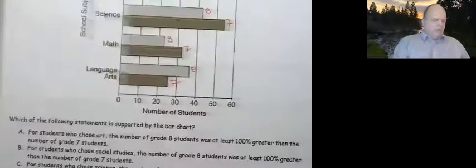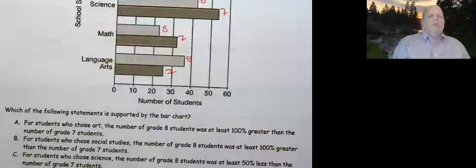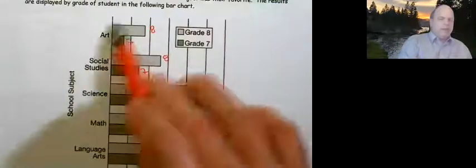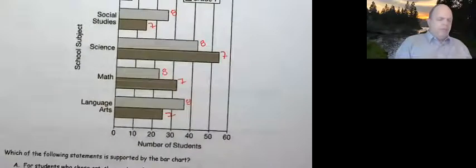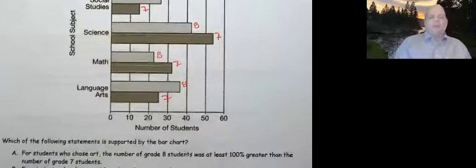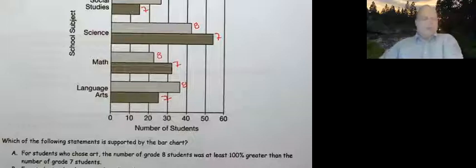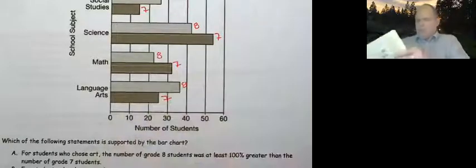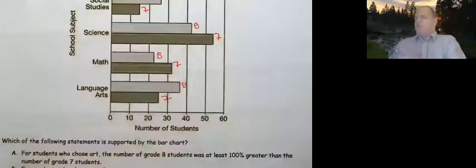Okay, so for students who chose art, the number of 8th grade students was at least 100% greater than the number of 7th grade students. When we look at it, it says which is supported.